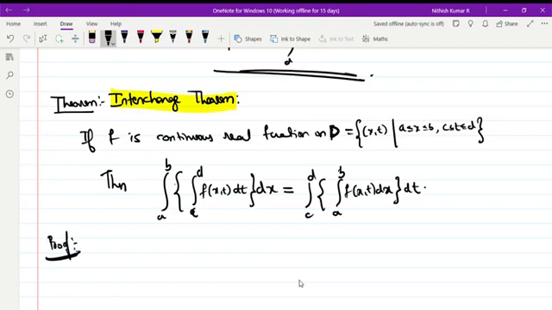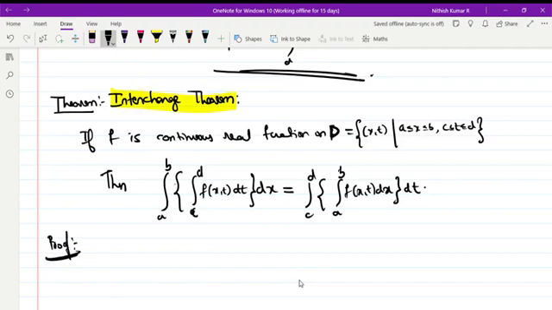So we shall see the proof. This theorem tells how to interchange two integrals. So if f is a continuous real function on a closed rectangle, then the integrals can be interchanged. Okay, so we shall observe this proof.